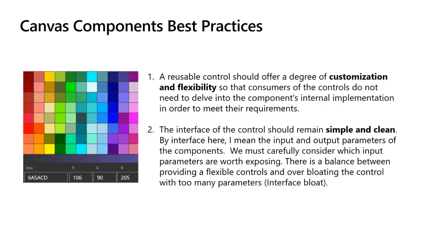So you have to balance between these two principles, making your component as reusable and customizable as possible by exposing the right properties that will allow you to make that component as flexible as possible in many scenarios and use cases.